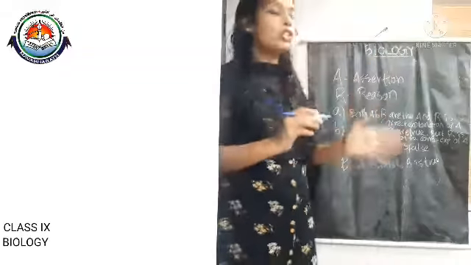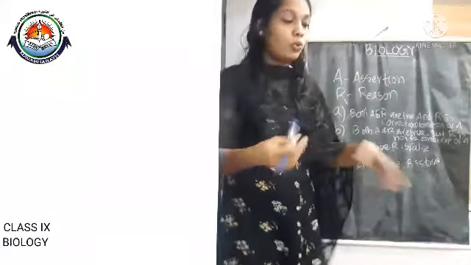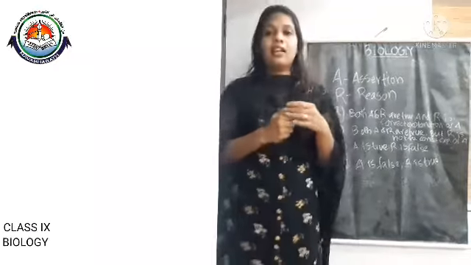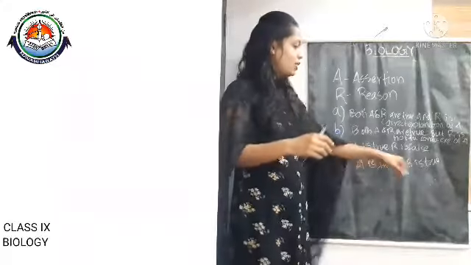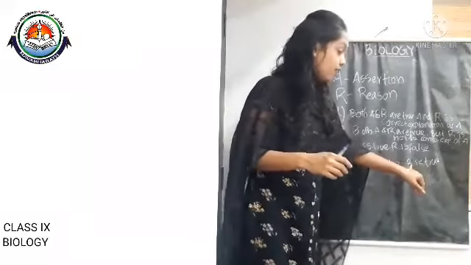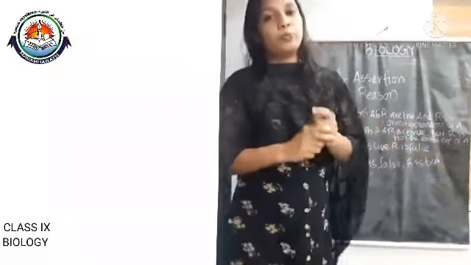So the assertion is false. And coming to the reason, meristematic tissue consists of differentiated cells. That is true. So the answer will be D. Assertion is false, but reason is true.